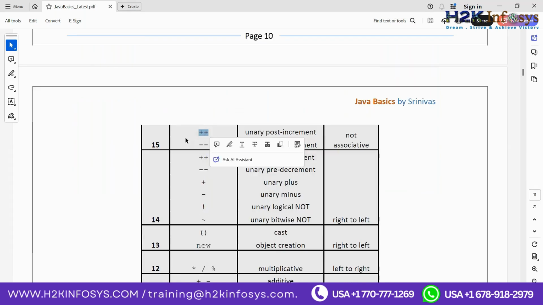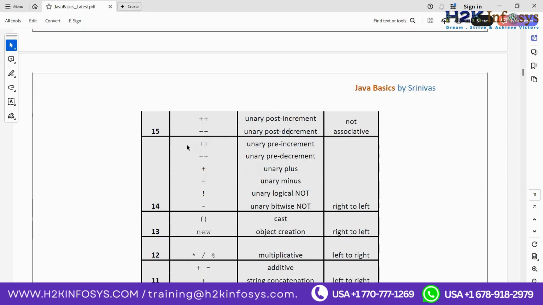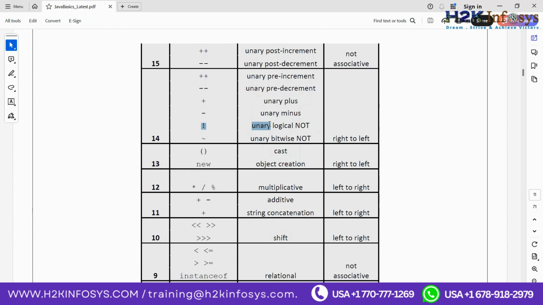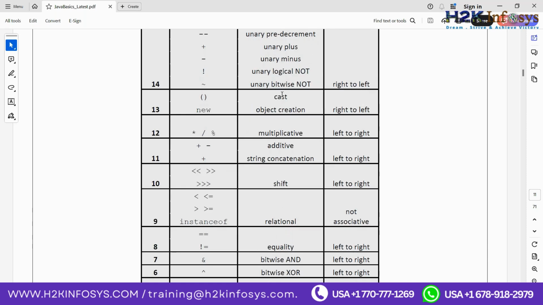Next, unary postfix. This is not pre, guys, don't confuse. See this: post increment, post decrement have the highest, and then you have unary pre increment, and unary plus and minus, which is equivalent to normal plus and minus, and then not. Then parenthesis is there for casting.